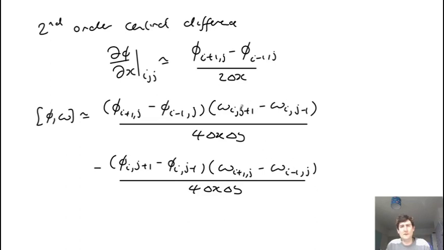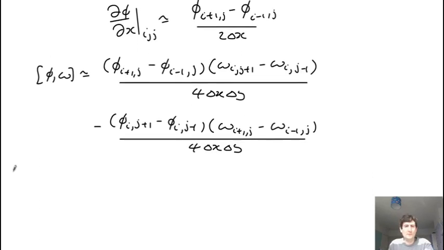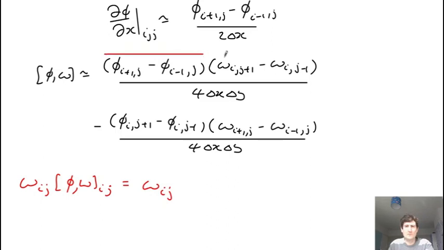Here we have omega i j plus 1 times omega ij, and so what we'll end up with at location ij is phi omega at ij, and this contains a term which is this omega ij times this first term here, and times this term here, and of course plus all the other terms here.